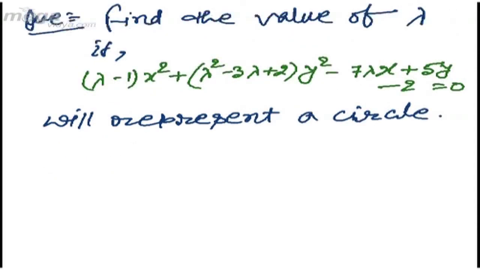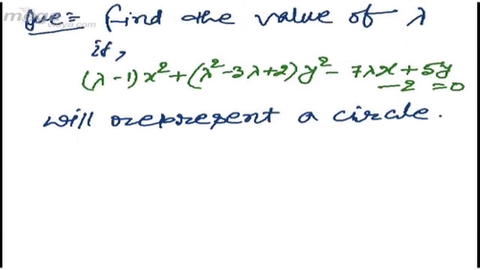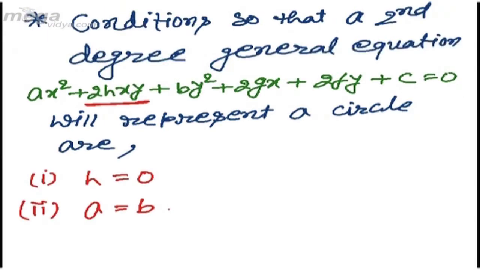In this given situation, we can see there is no term including xy. That is, the first condition is satisfied. Now the coefficient of x square and the coefficient of y square are different. So we have to make both coefficients equal.